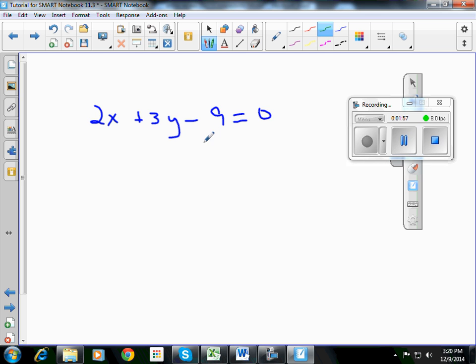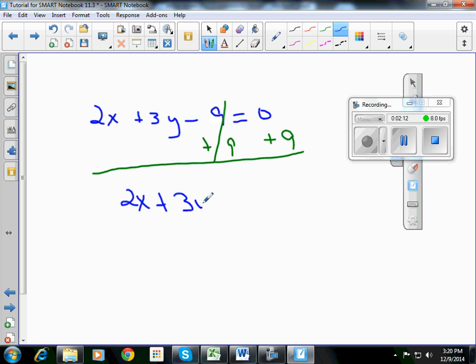So I'm going to add 9 to both sides. That eliminates the 9. Now I have 2x plus 3y is equal to 9. I want the y's by themselves, so I have to add an opposite of the 2x on both sides.